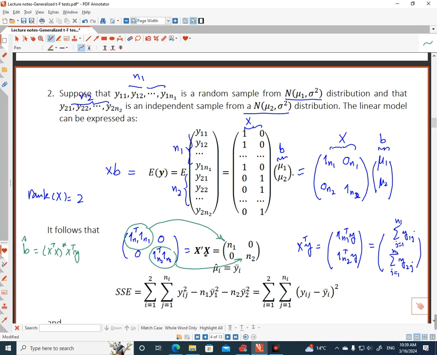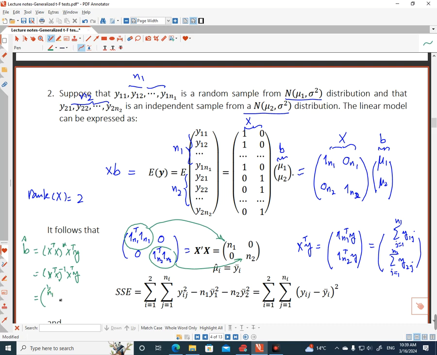Since it's a diagonal matrix, it's invertible according to the properties of generalized inverse, so I can write it as x prime x inverse x prime y. And once again it's a diagonal matrix, so you only need to consider the reciprocal of the diagonal entries.